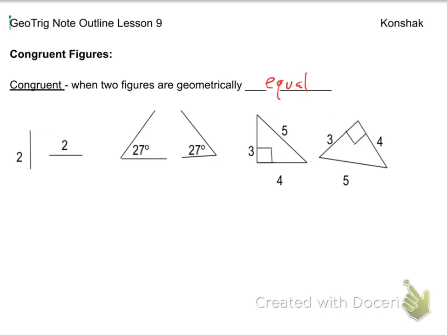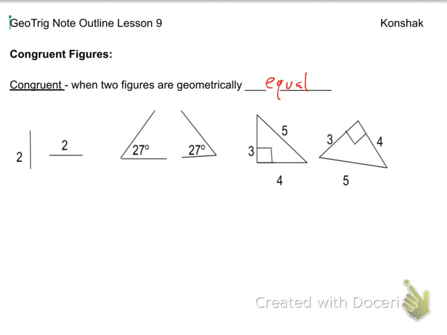It means everything about them is equal. So it's more than a word of equal. When I think of equal in general, I'm thinking, oh, they have equal lengths, they have equal angles. So we kind of back up and say everything's the same, therefore it's congruent.